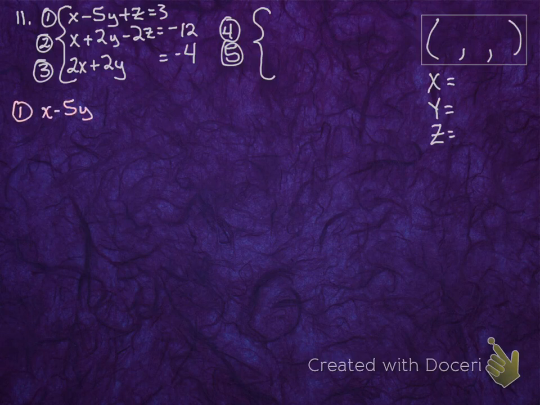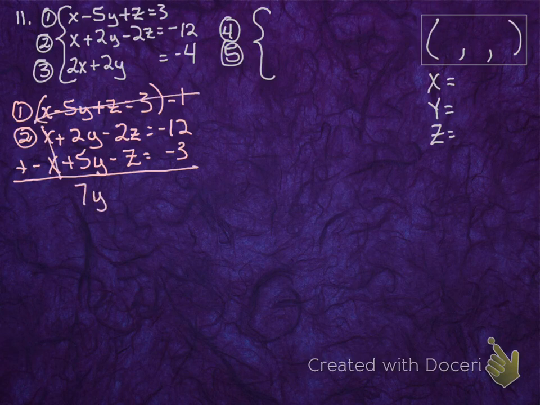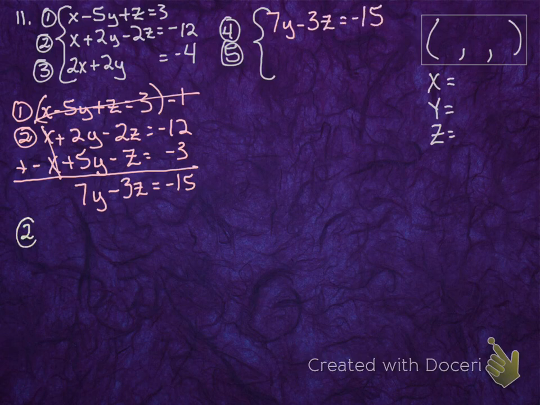Alright, and we're going to get rid of our x's first. So I'm working with 1 and 2. I'll multiply the first equation by -1. So my fourth equation is 7y minus 3z is -15.